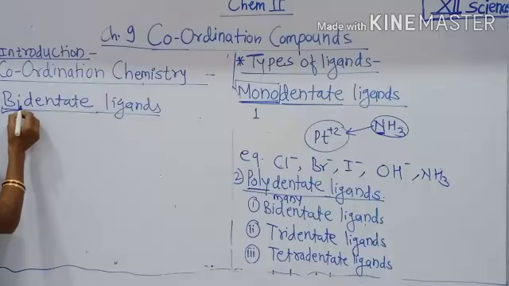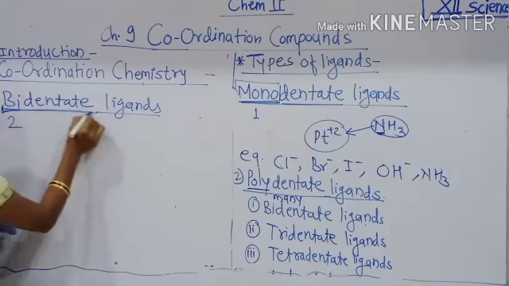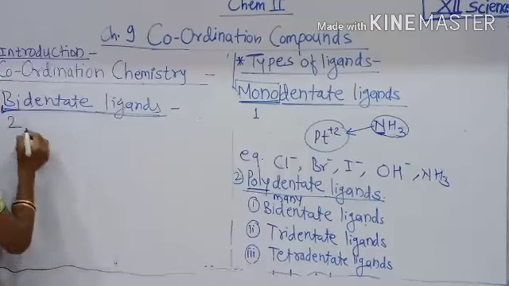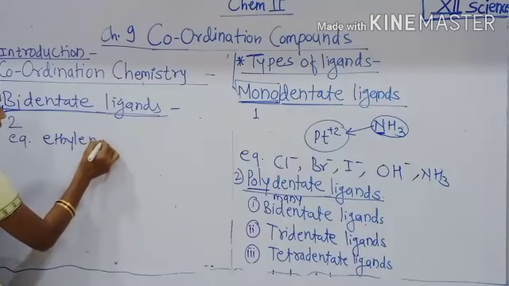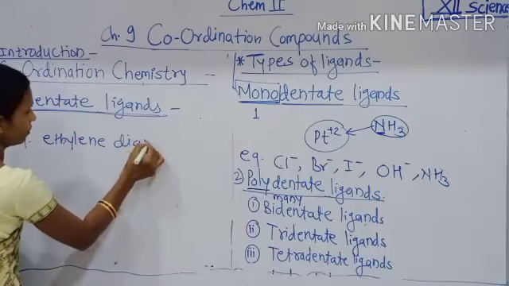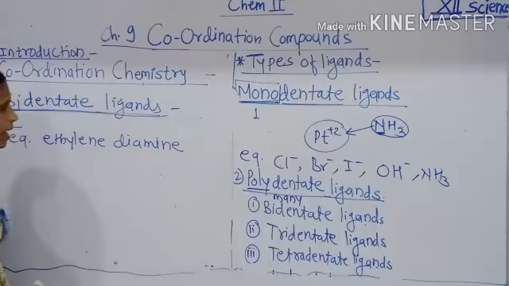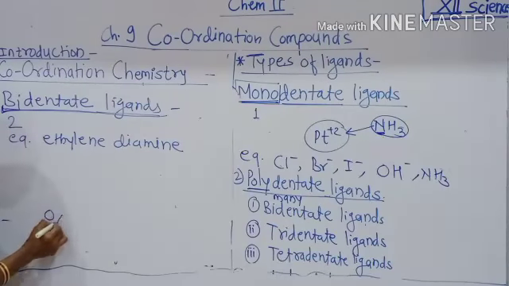These ligands are called bidentate ligands. For example, ethylene diamine or oxalato group.